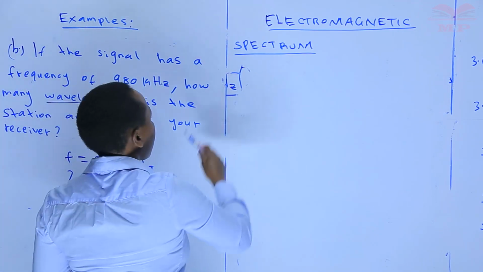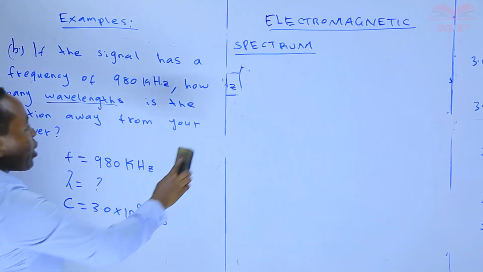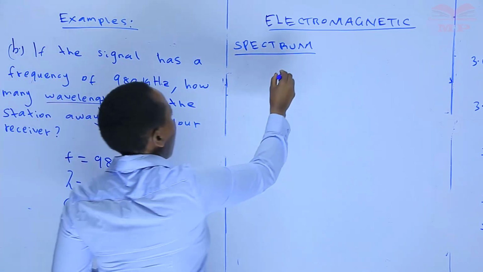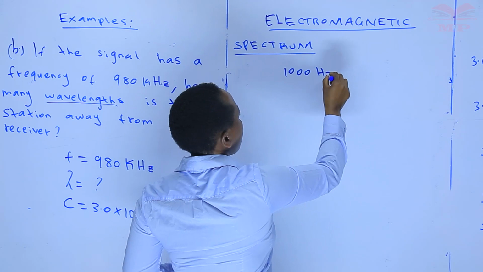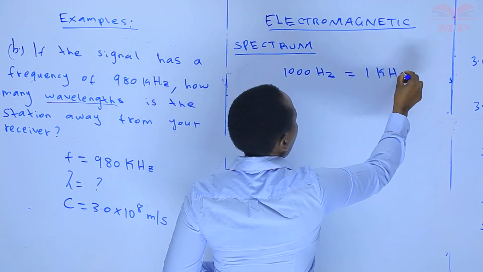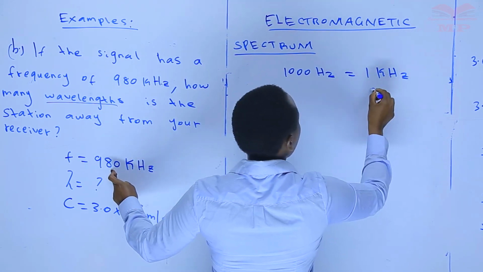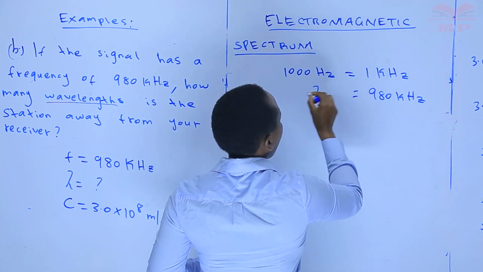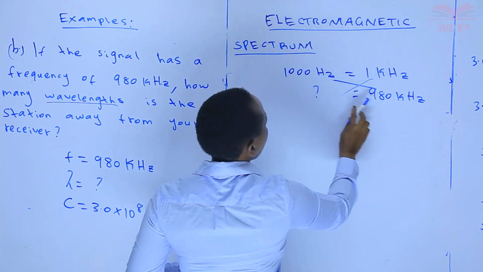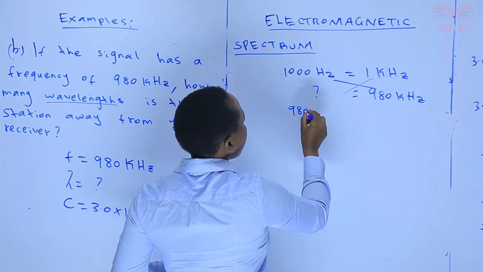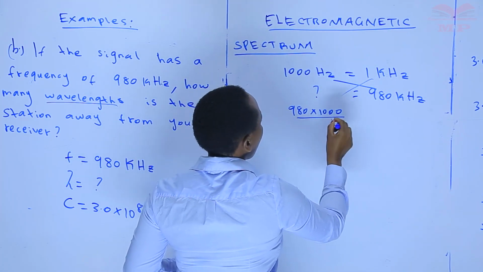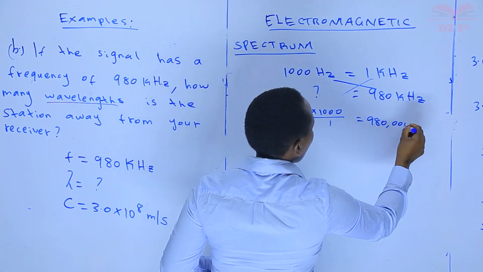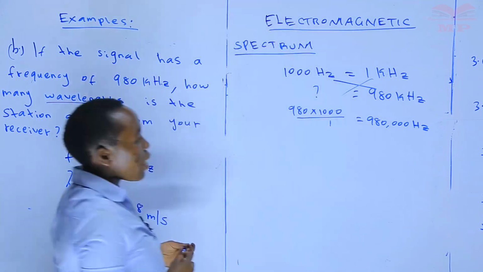And here we have 980 kilohertz. So how many hertz are those? We cross multiply, we end up getting 980 multiplied by 1,000 over 1, which will simply be 980,000 hertz. So that's what we have.